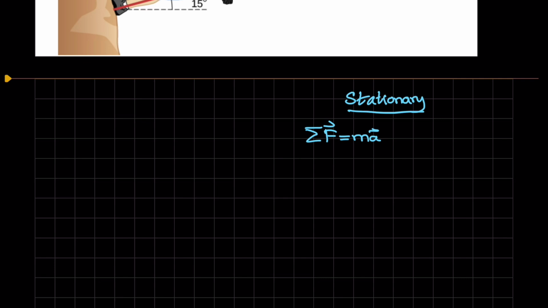You should know that even though we write F equals ma like this, it's a vector equation, meaning deceptively it's hiding three different equations inside.